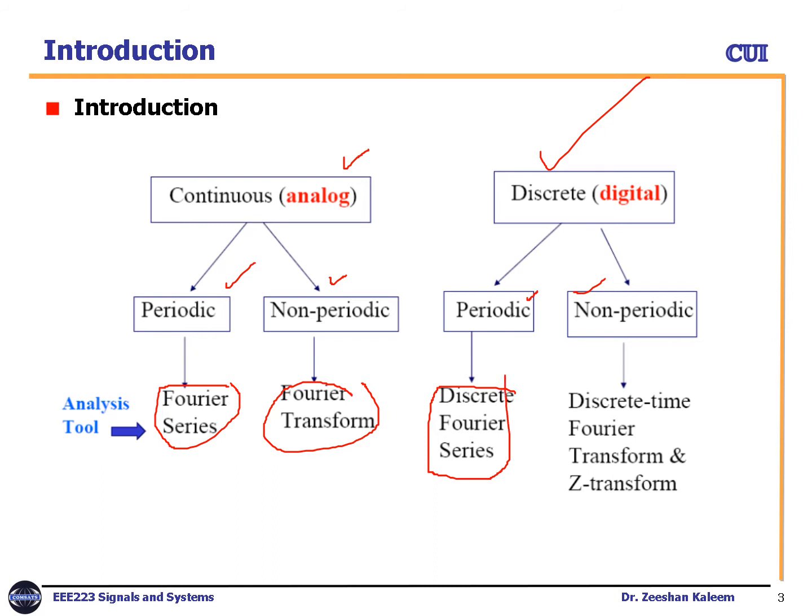Whereas for non-periodic, we will discuss later the discrete time Fourier transform, DTFT, and the Z transform. These are all the categories we have to cover later as well. So in this chapter we will cover the Fourier transform, which is used to evaluate non-periodic signals.